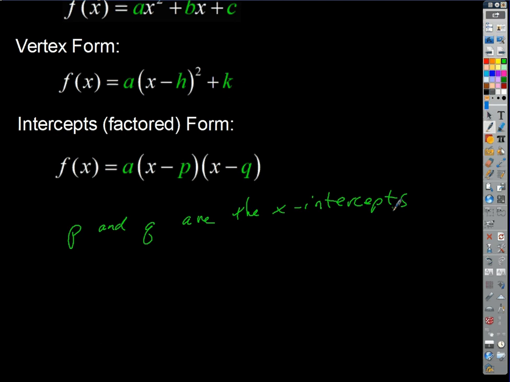Okay, but sometimes, the only time it wouldn't be is if when we factored something, we ended up getting factors like 2x minus 3 or something, right? Well, 2x minus 3, I would want to write in the form x minus the x-intercept. And so I would have to get the x by itself and write that as x minus 2/3.